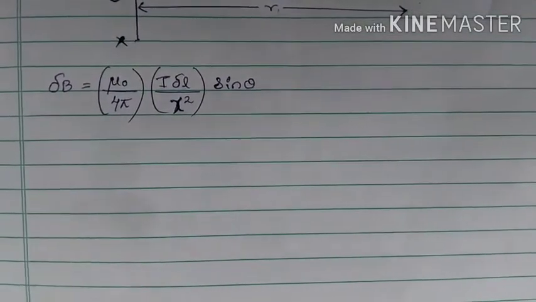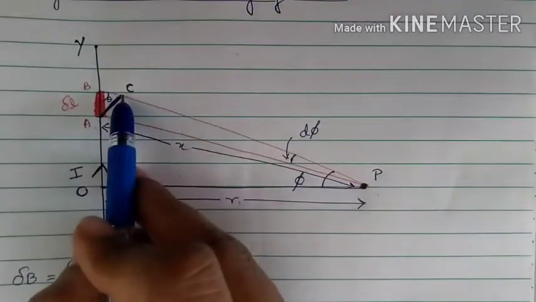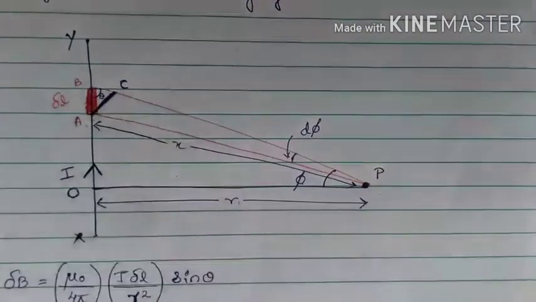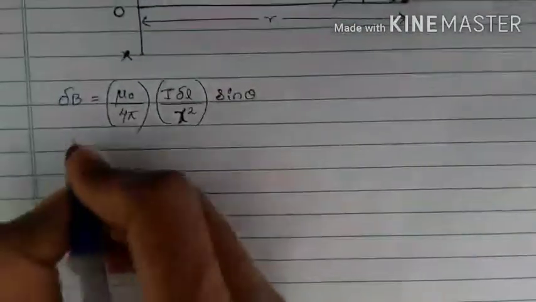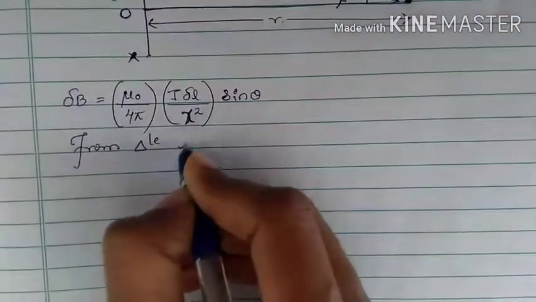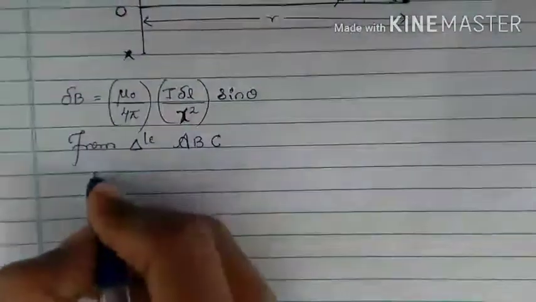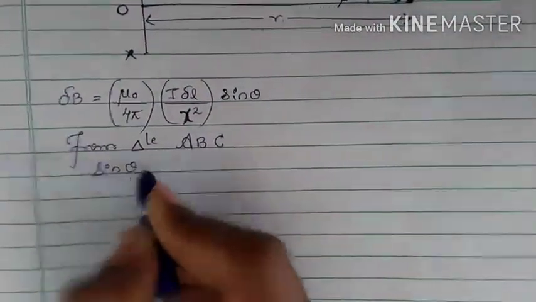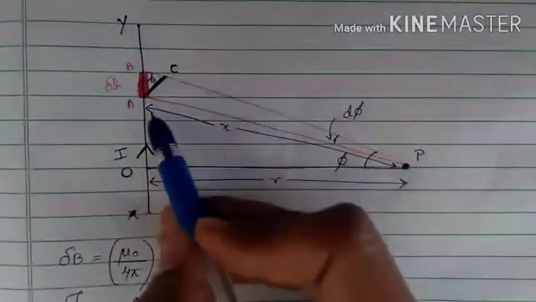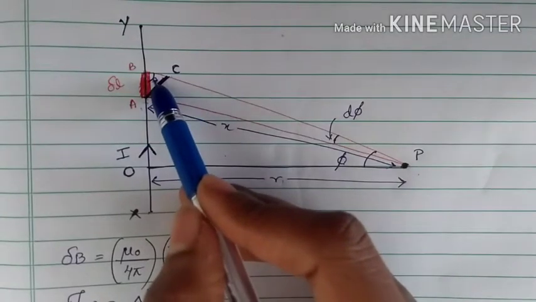Now we have drawn AC which is perpendicular to BP. So from triangle ABC, what is sin theta there? Here you have triangle ABC, and here is the angle theta.